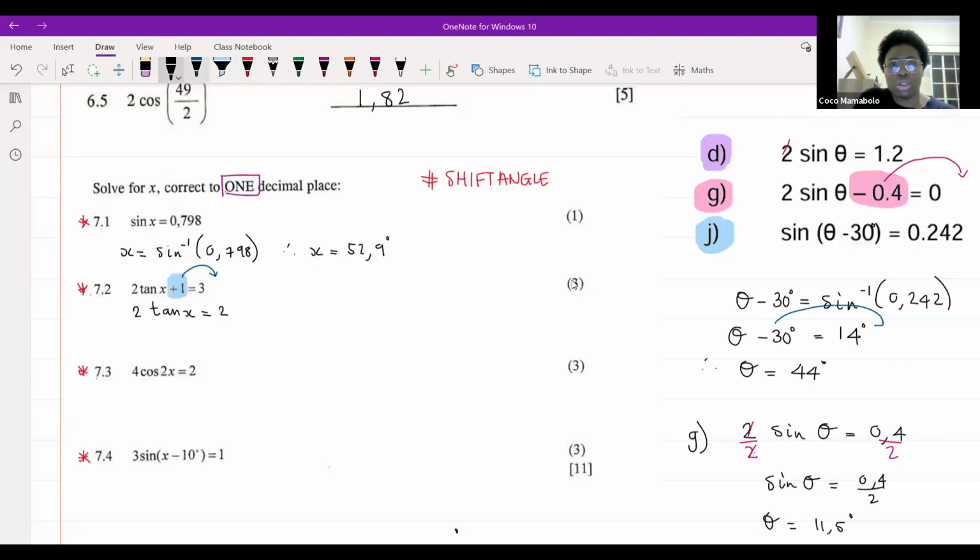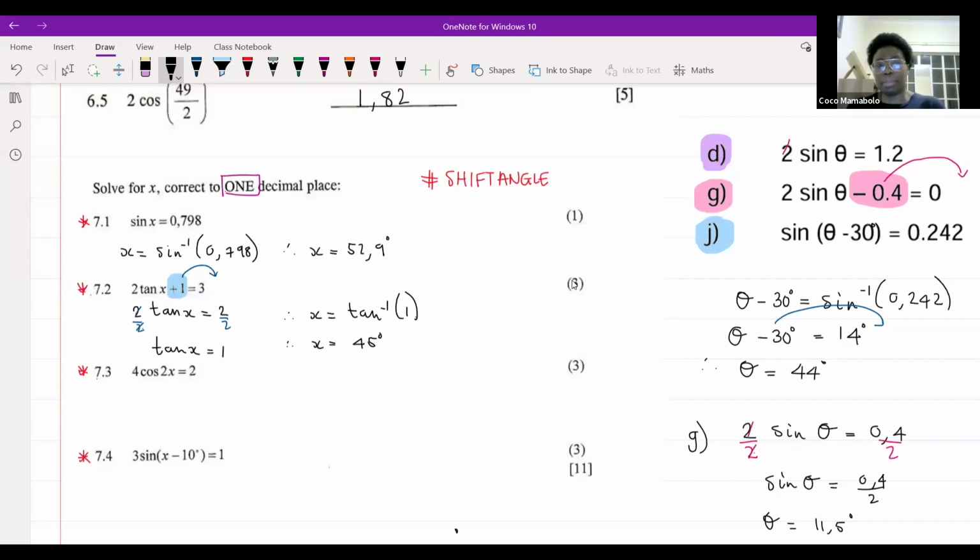So I'm then going to divide by 2, divide by 2. Those two will cancel. I'm going to end up with tan x is equal to 2 divided by 2 will give me 1, right? Therefore, x will need to equal arctan or shift tan of 1, and x will then be equal to 45 degrees if we put that into a calculator.